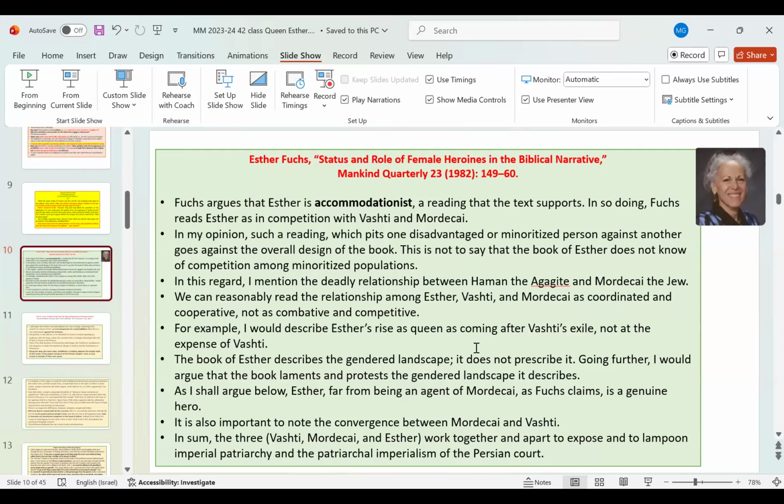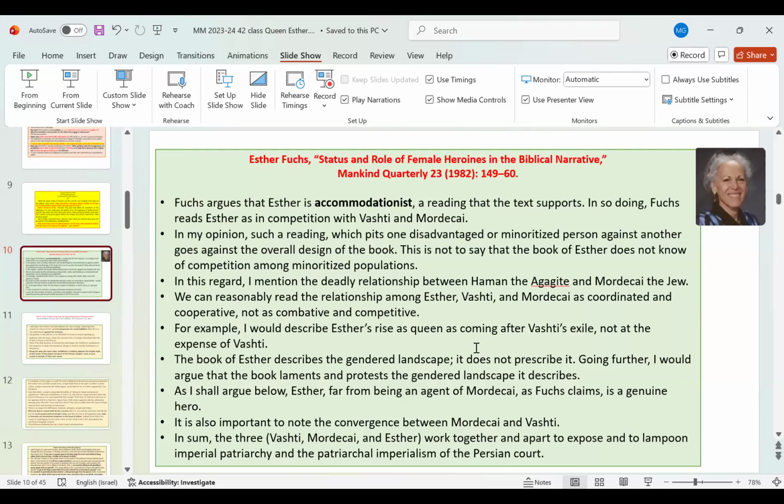So to a certain degree, they're all disadvantaged because they're Jewish, and minoritized, because Esther and Mordecai are a minority, and they are pitted against each other. And so she mentions also the competition between Haman and Mordecai, right? This is all a summary of what she writes.